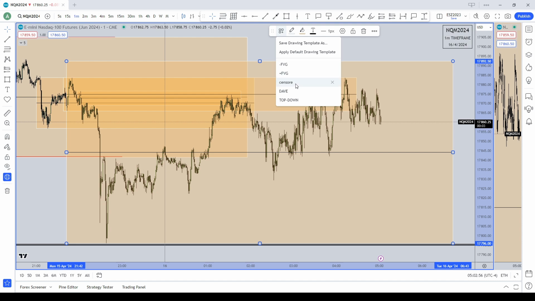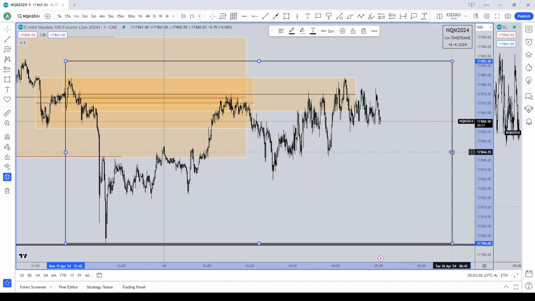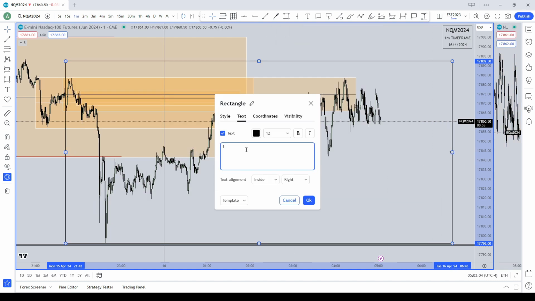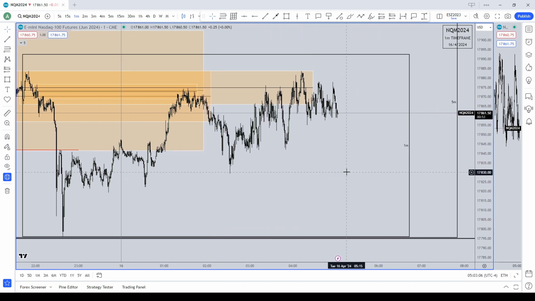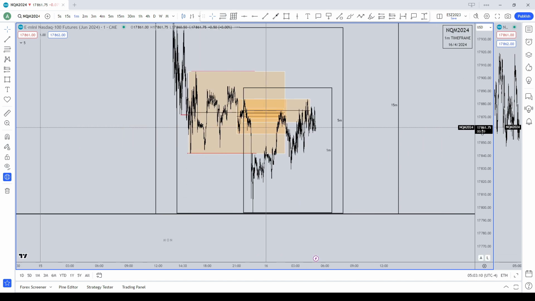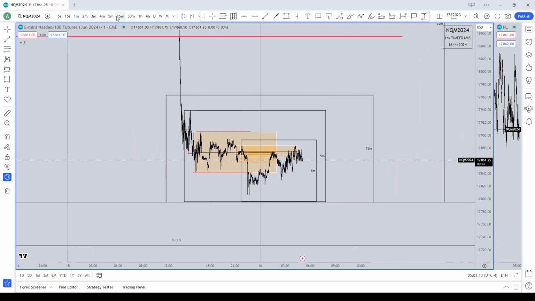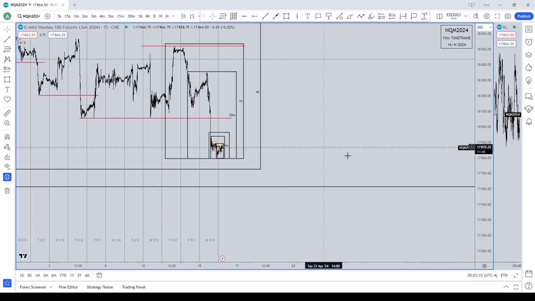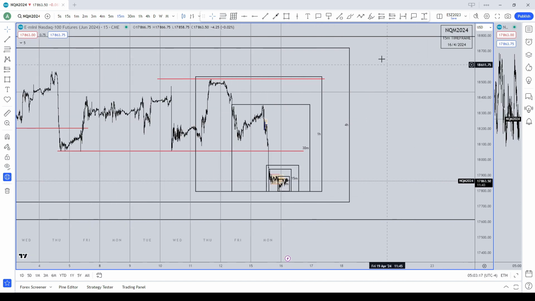I want to be complete top down and 1 minute. And look at that. You will go higher. Now, from the 15-minute, you can see on every time frame the exact trend.